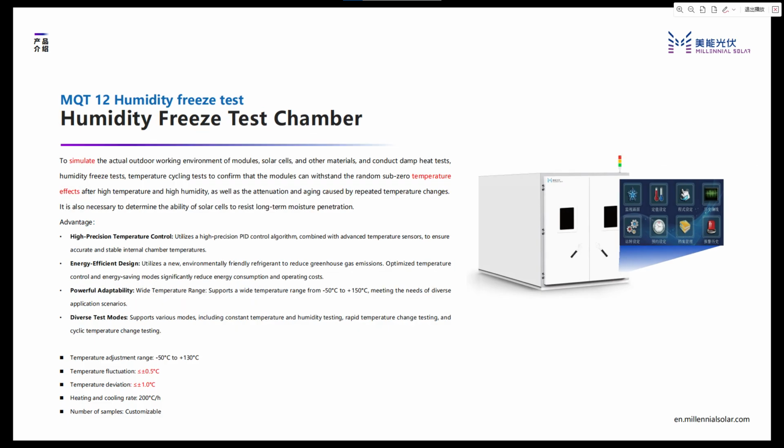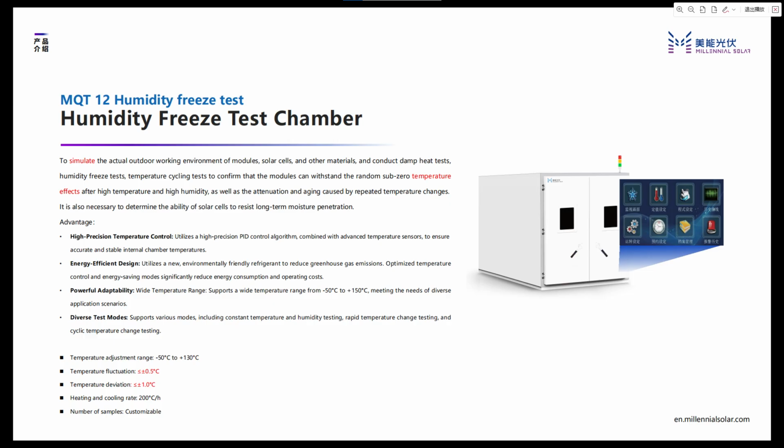The MQT12, humidity freeze test. The humidity freeze test is basically to simulate the actual outdoor working environment of the modules, solar cells, and other materials. We will conduct a damp heat test, a humidity freeze test, and a temperature cycling test inside the same chamber.